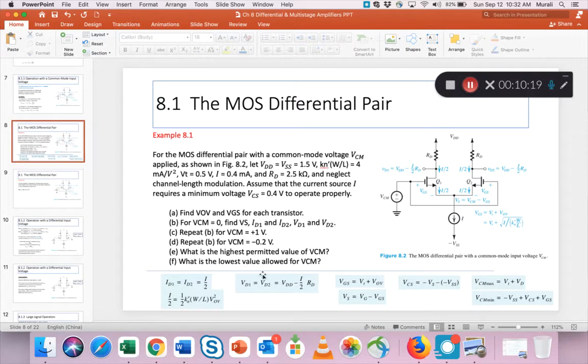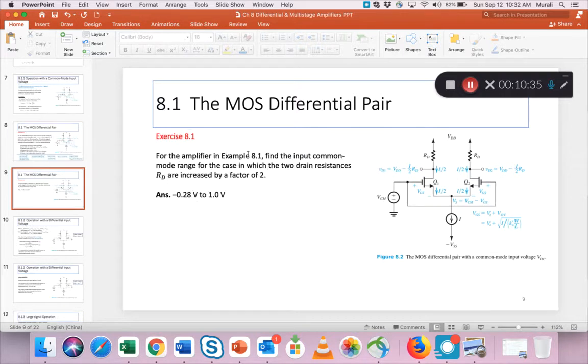The common mode range is something we derived in the previous example, which is the difference between VCM lowest and VCM highest, about minus 0.28 to 1.5, a range close to about 2 volts. What happens if the drain resistance is doubled? Will that range increase or decrease is what we are being asked. And as you can see, the range has become half.